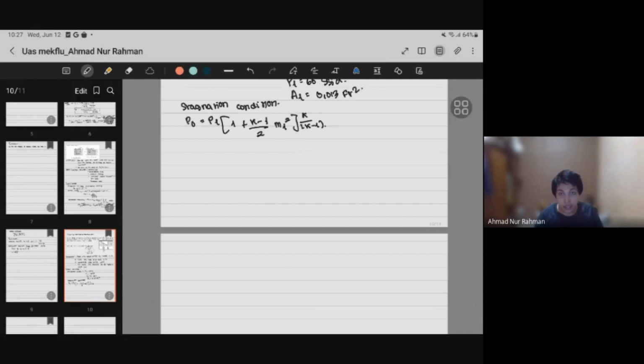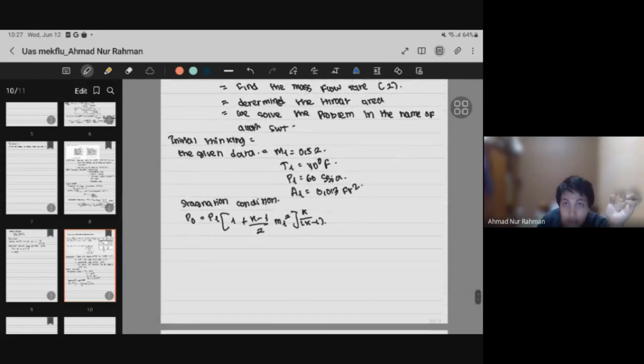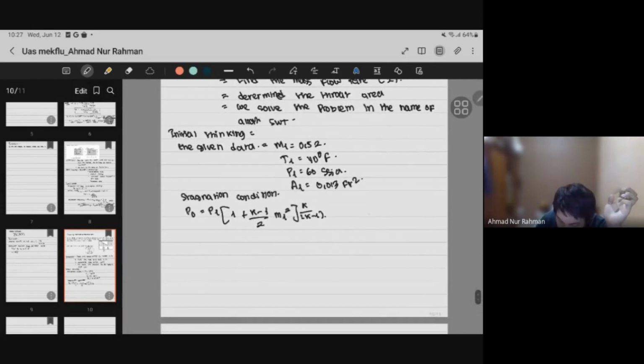So from the diagram above, we can see that there is a structure. This is P0, this is T0.